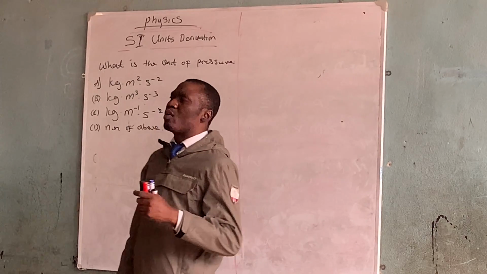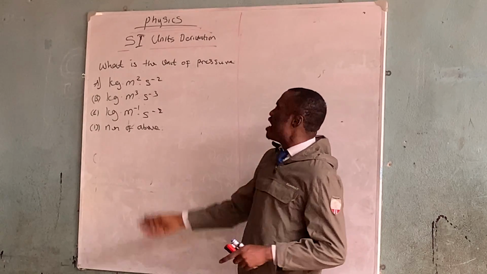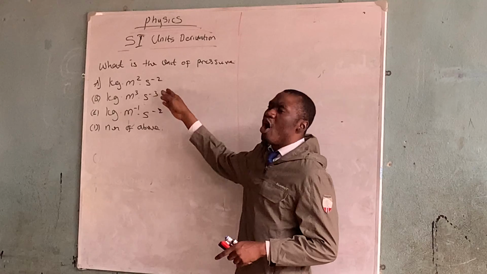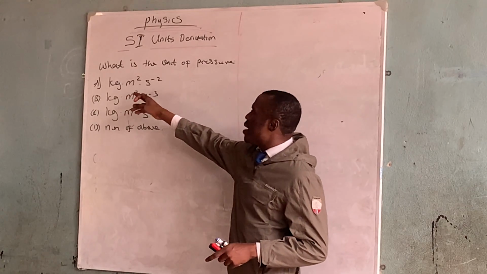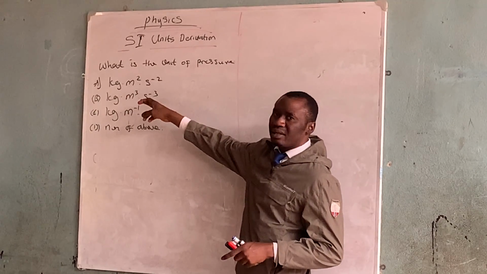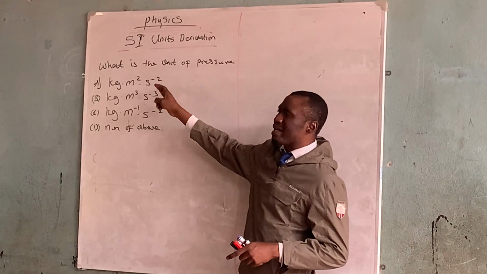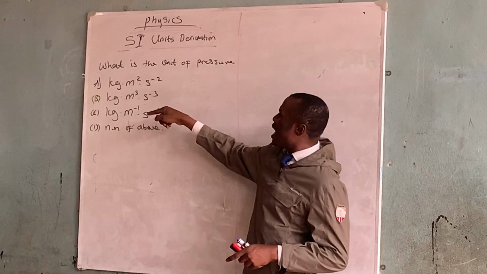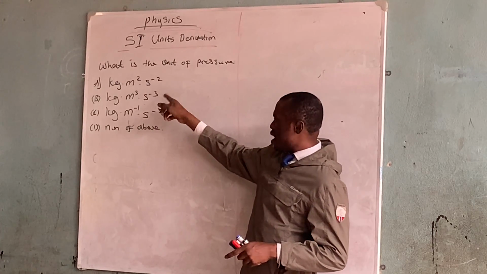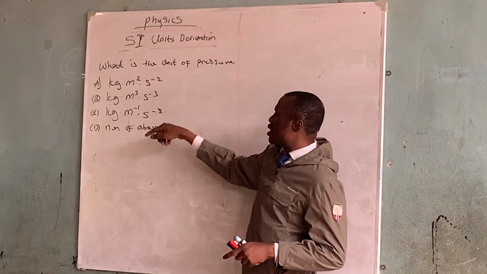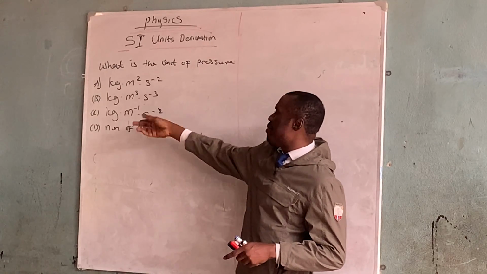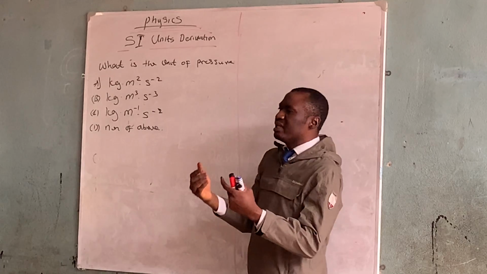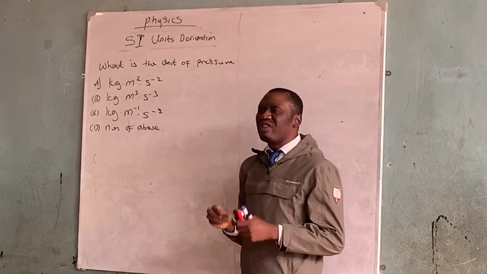In case you are asked a question in an exam, what is the unit of radian, and you have a list of options like this, how do you find the SI unit of any physical quantity?